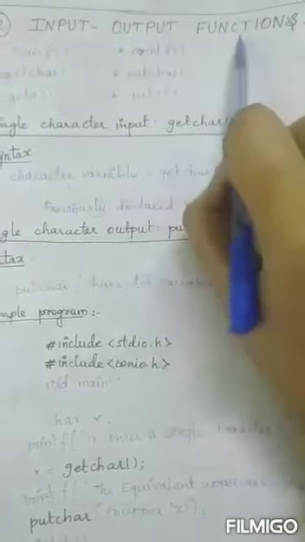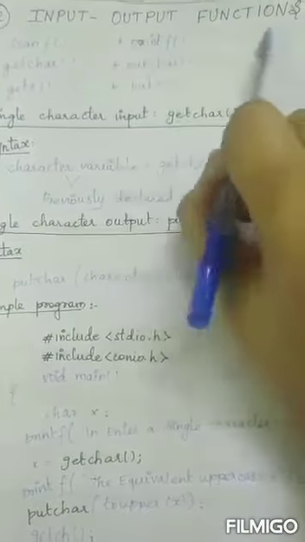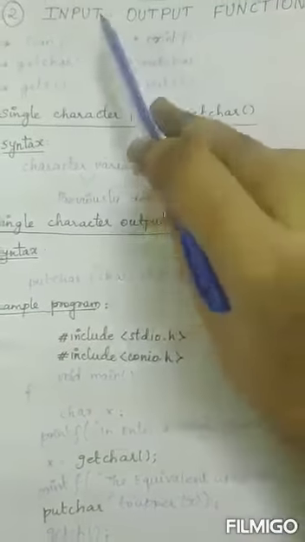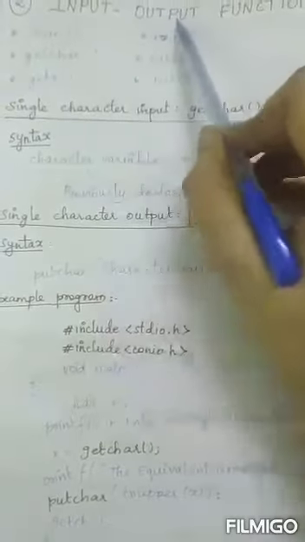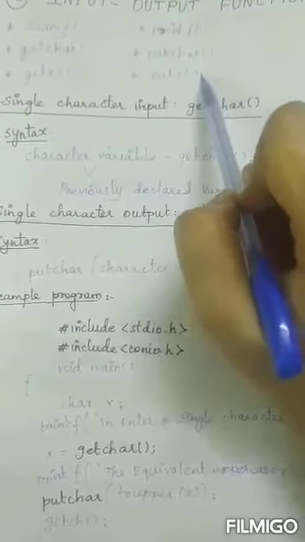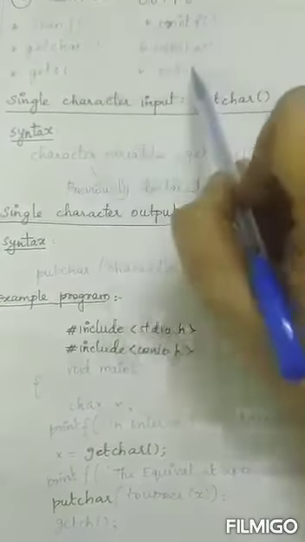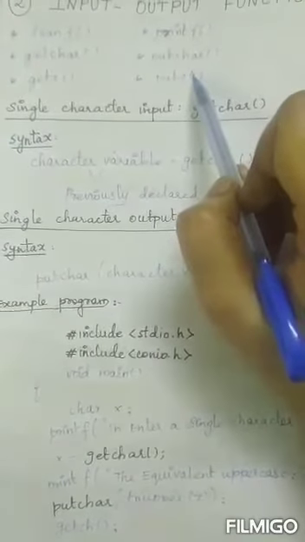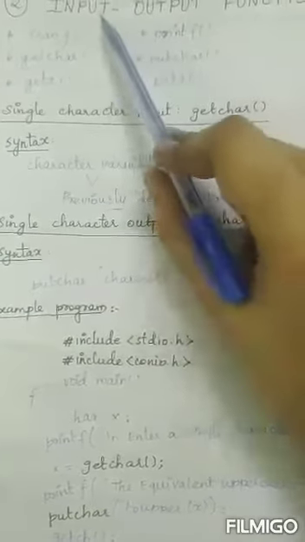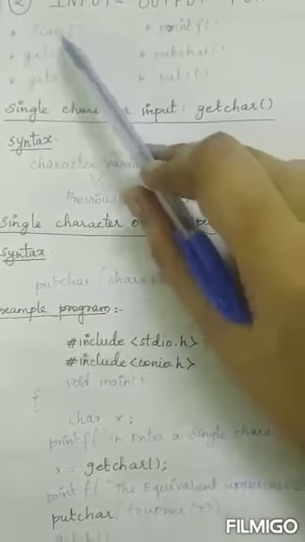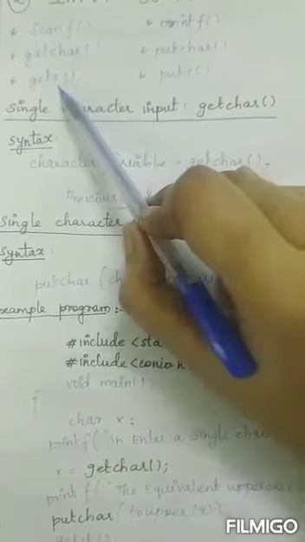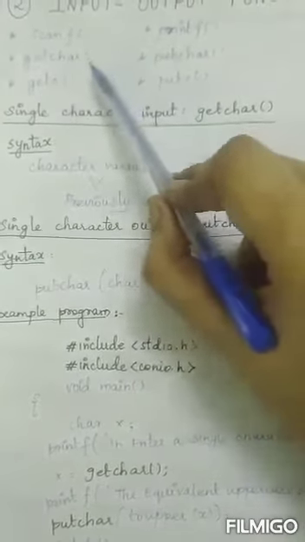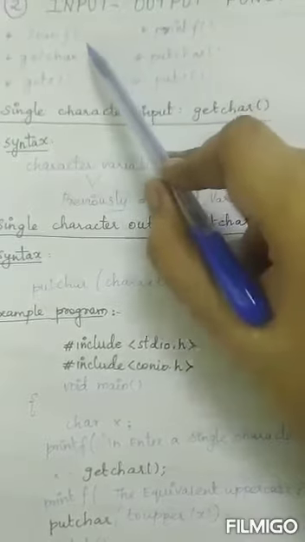Input and output functions. We can classify these input as 3 types and output has 3 types. These 3 types we have already seen in the programs also. The input functions are named as scanf, getchar, gets, and it should be ended with the bracket.